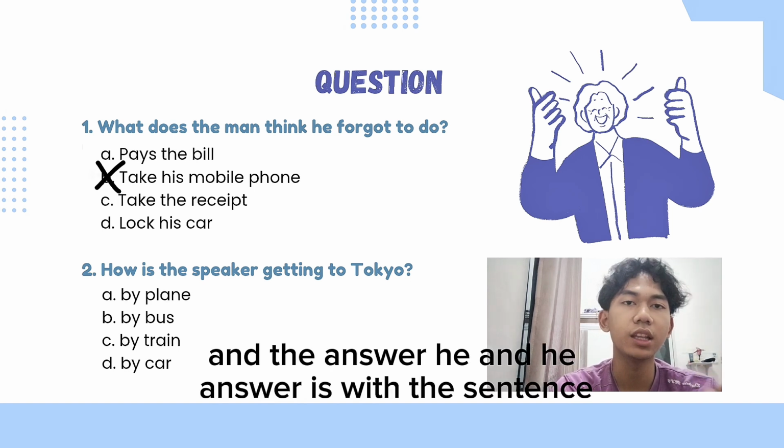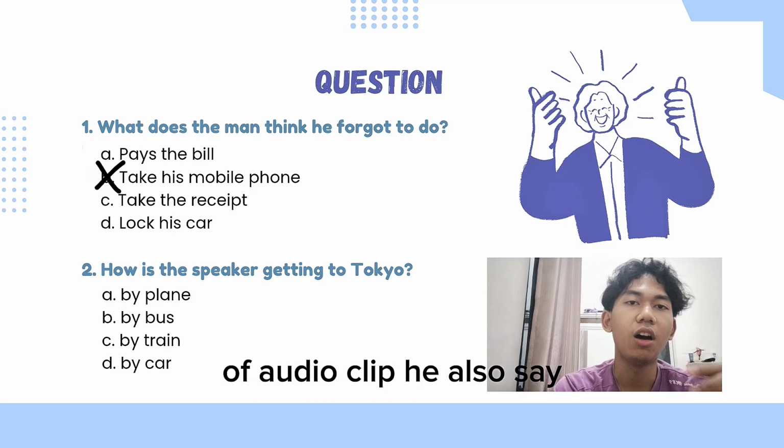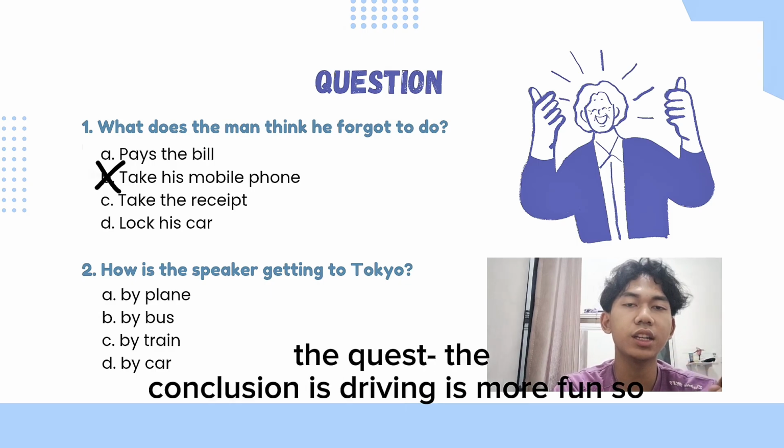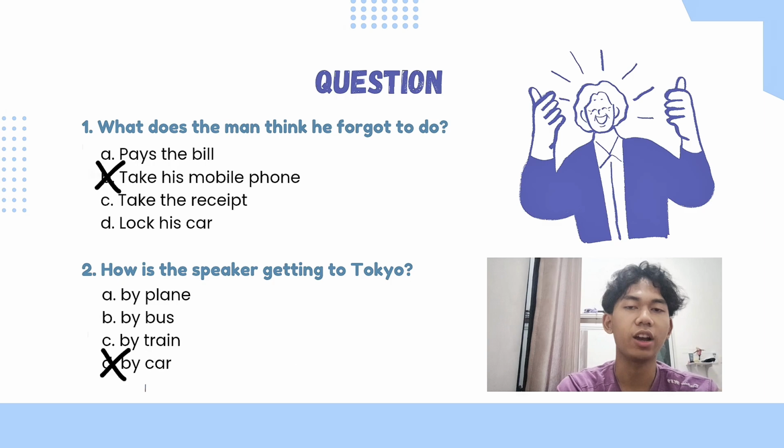And the answer is with the sentence, Tokyo is only a 3-hour drive. At the end of the audio clip, he also says the train will be faster, but driving is more fun. The conclusion is driving is more fun. So the answer is D, buying a car. Okay, thank you.